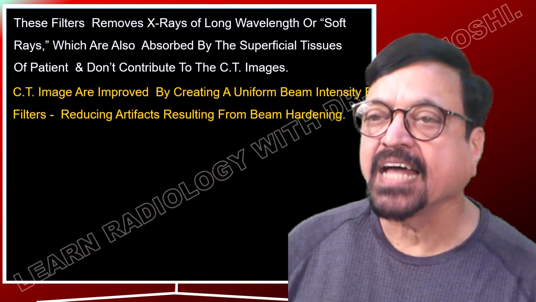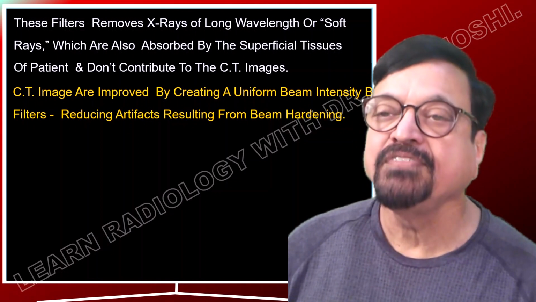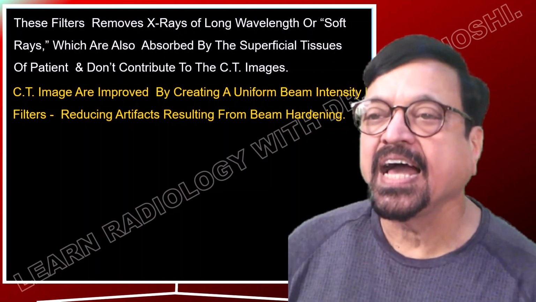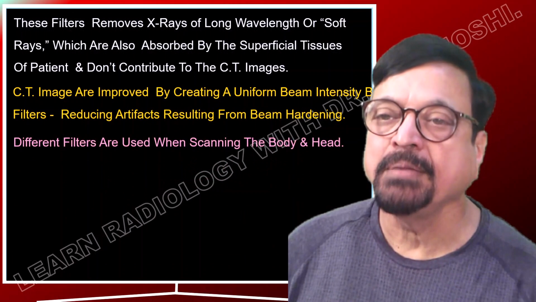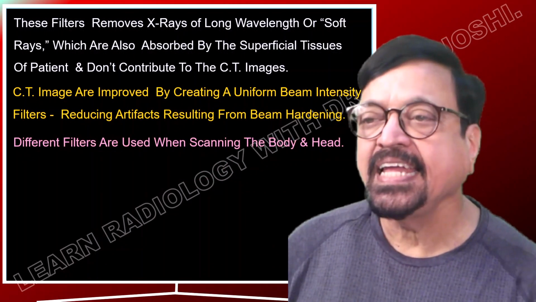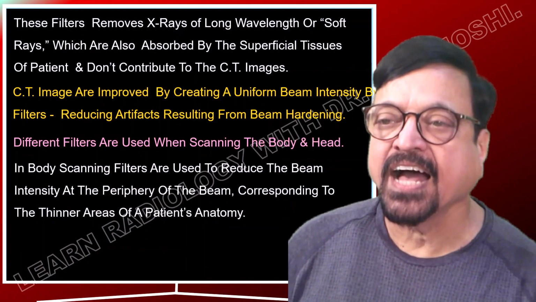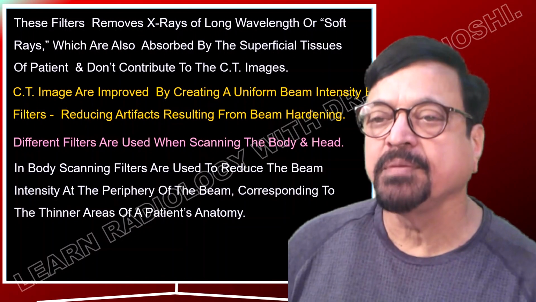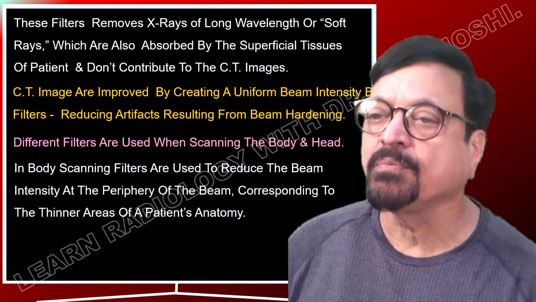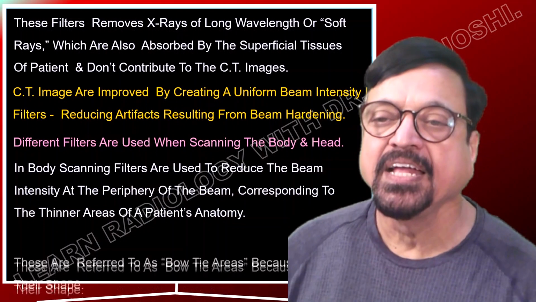Now CT images are improved by creating a uniform beam intensity with filters, reducing artifacts resulting from beam hardening. Different filters are used when scanning different body portions. The body scanning filters are used to reduce the beam intensity at the periphery of the beam, corresponding to the thinner areas of patient anatomy.